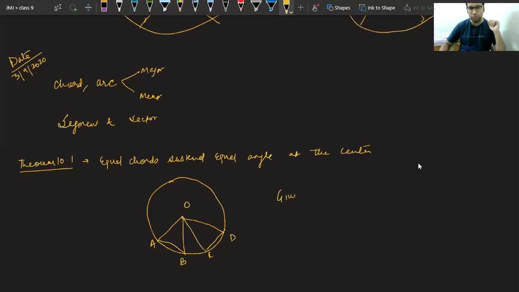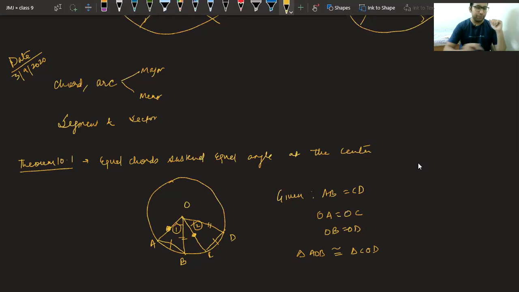If this is given to you, we can say OA and OC are equal because they are radii. Similarly, OB is equal to OD, both are radii, and hence both triangles are congruent. Therefore, triangle AOB is congruent to triangle COD, and we can say that this angle, suppose angle 1, and this angle, suppose angle 2, are equal.